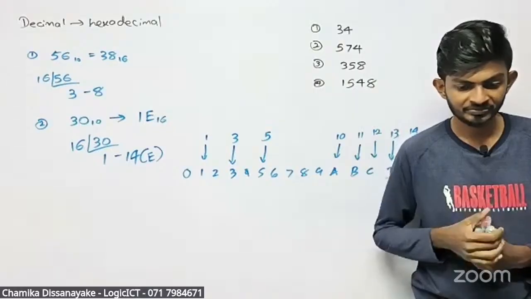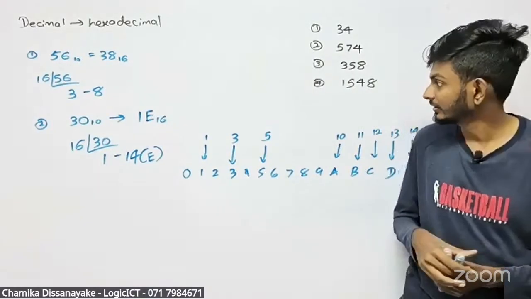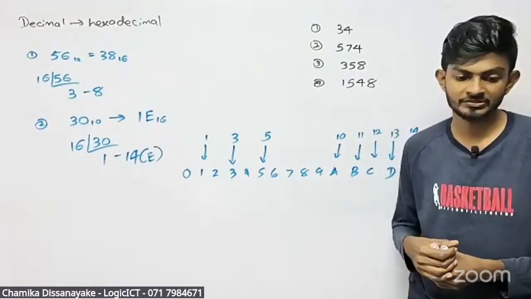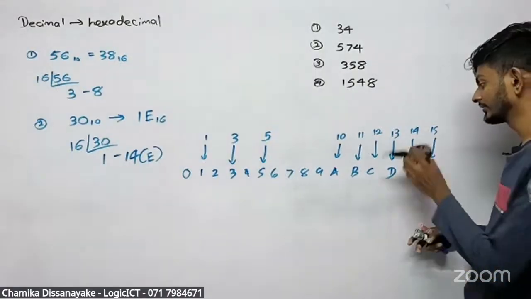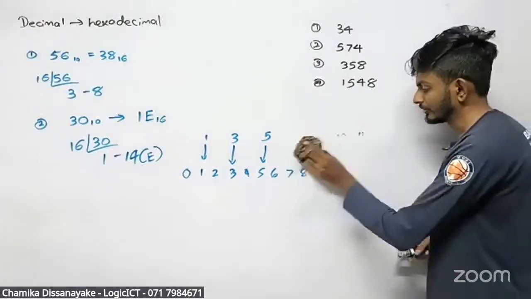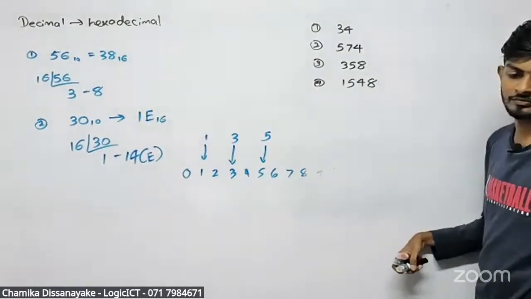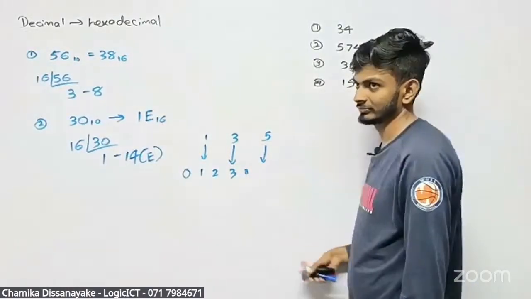Okay, 34, 574, 358, and 1548. You have to do this homework, because it is better to do these calculations by yourself. Otherwise, I can do these things, but you are only going to watch.